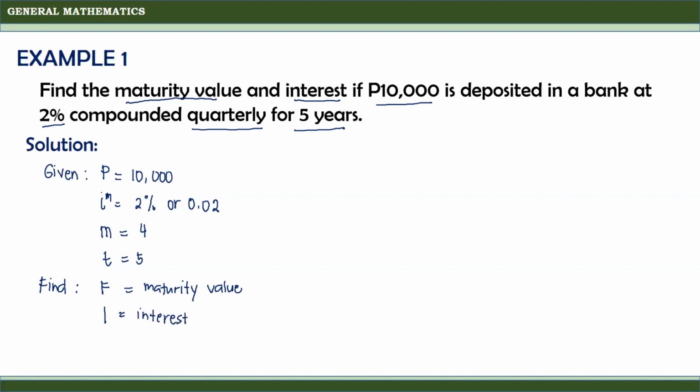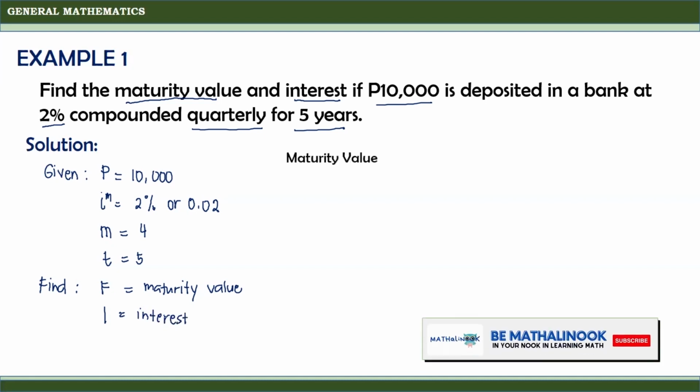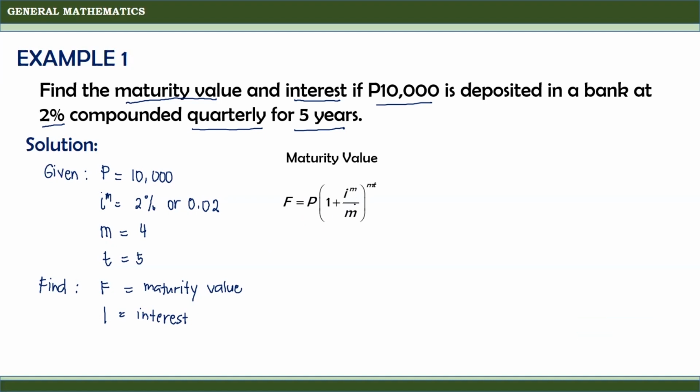From the previous slide, note that the maturity value can be solved using the formula F equals P quantity 1 plus j sub m divided by m raised to mt, wherein P is the principal, j sub m is the annual rate, m is the frequency of conversion period, and t is time.